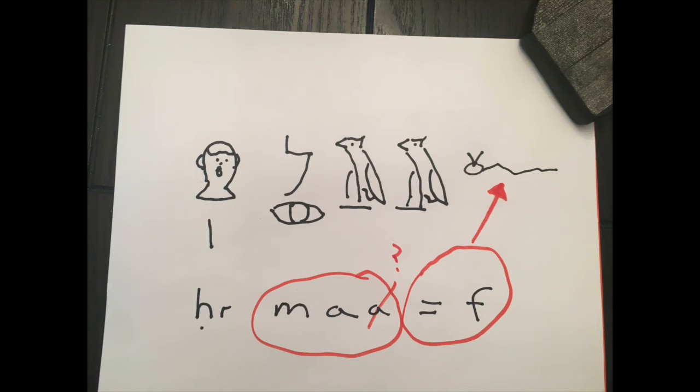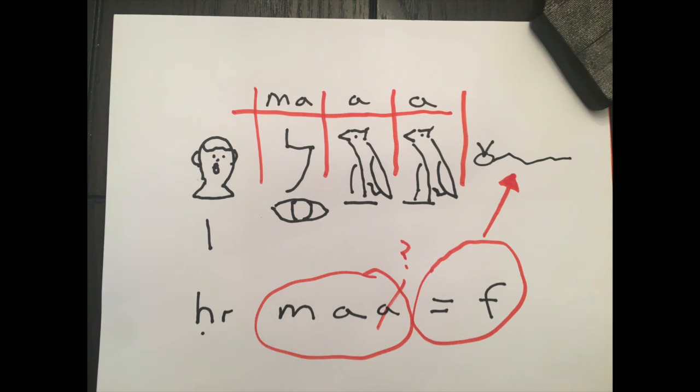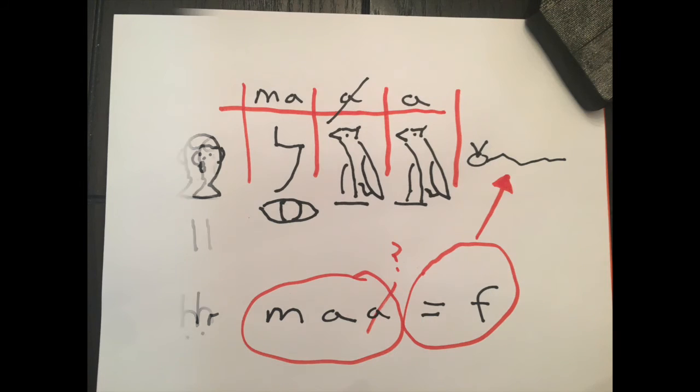Now you may also ask, well, wait a minute. I thought when you have a second consonant, you're not supposed to pronounce it or write it out. In the case of ma'a, why are there two A's? Well, it's because you actually have three A's. You have first the garden hoe, which is ma'a. Then you have two, doubling, two vultures, and A. So you actually have three here.